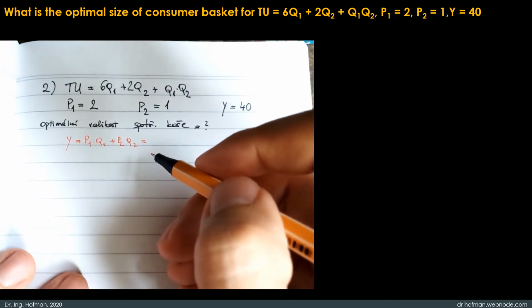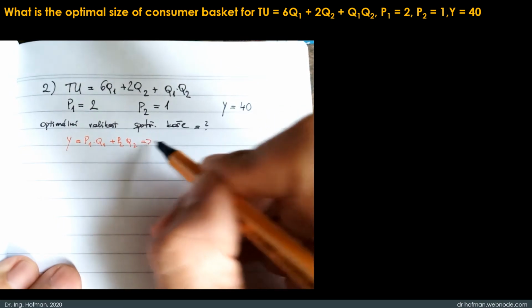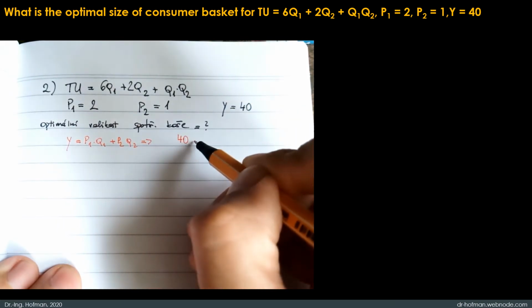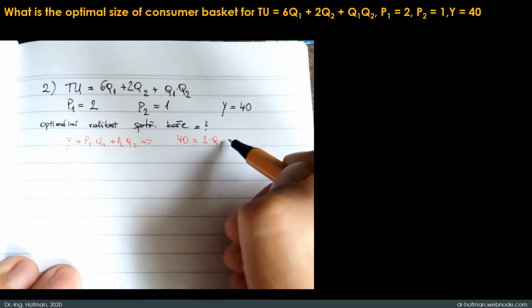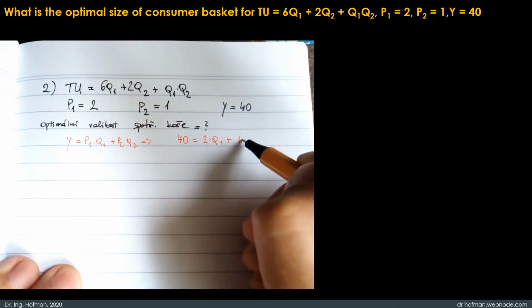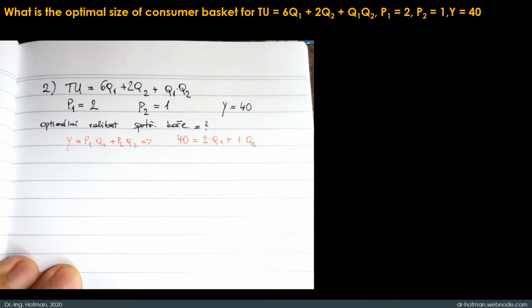We can use substitution. We know Y is 40 euros. Price of the first good is 2 euros. Price of the second good is 1 euro. We only don't know quantities Q1 and Q2.